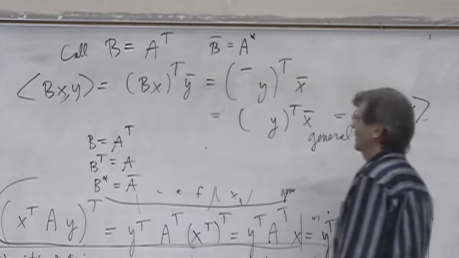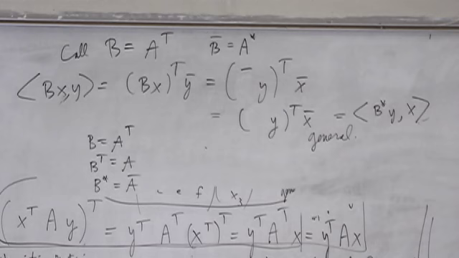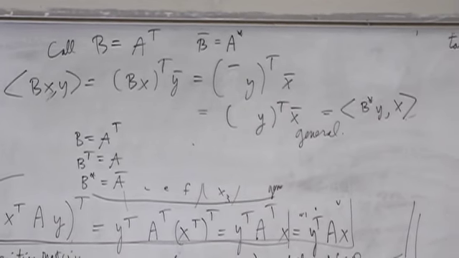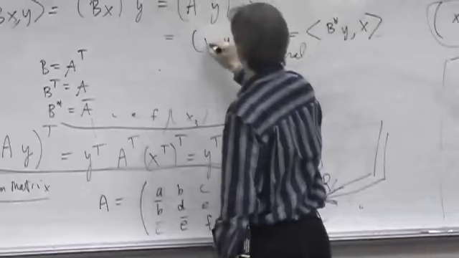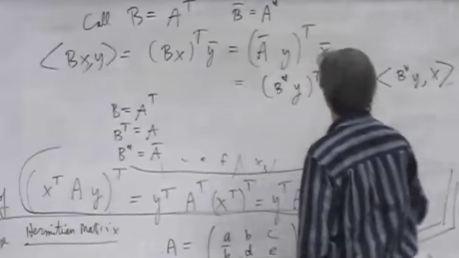How can I do this thing? Oh, okay. I see. BXY was this. I said it was equal to A bar Y transpose X bar. And I was just rewriting then A bar in terms of B. A bar was equal to B star. That is correct. B star Y transpose X bar.